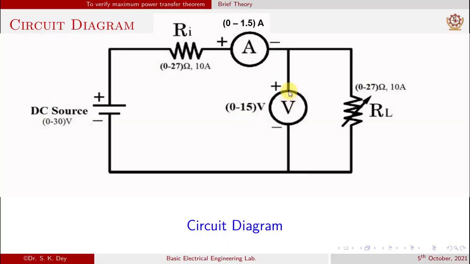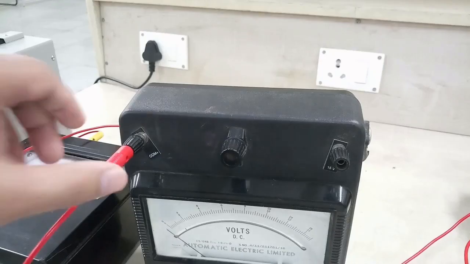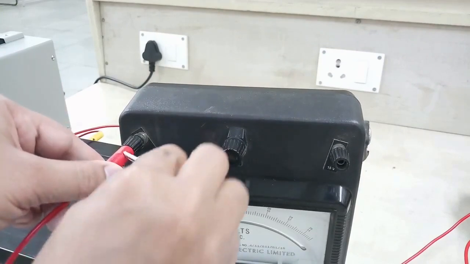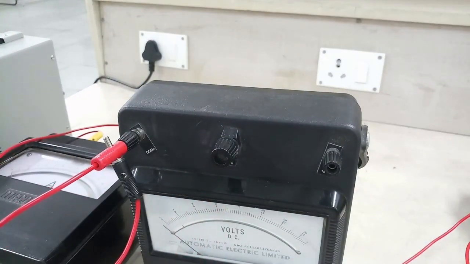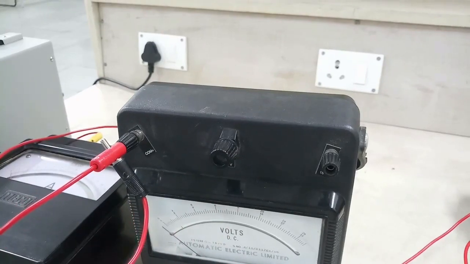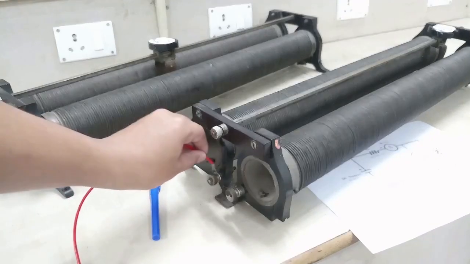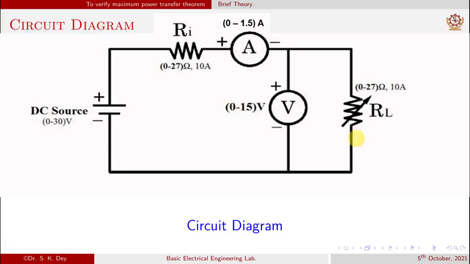Next we will connect from the voltmeter common terminal to the load resistance RL. Now this RL is connected. Then from the other terminal of this load resistance RL to the 15 volt point of this voltmeter will be connected.